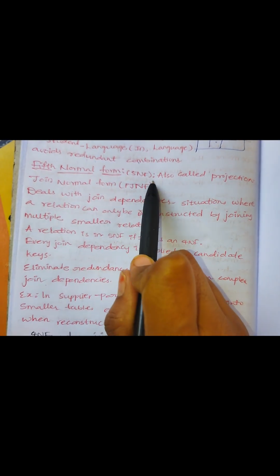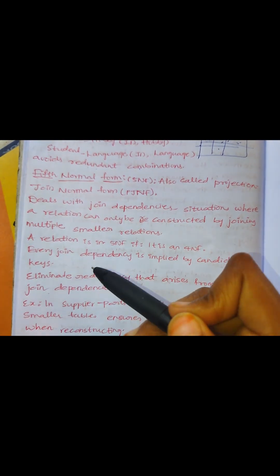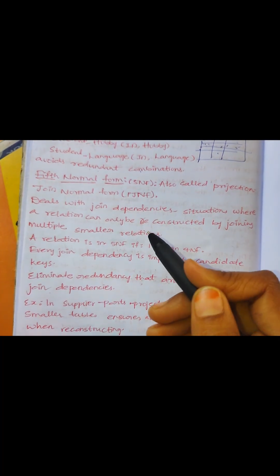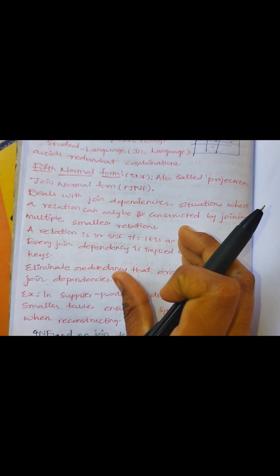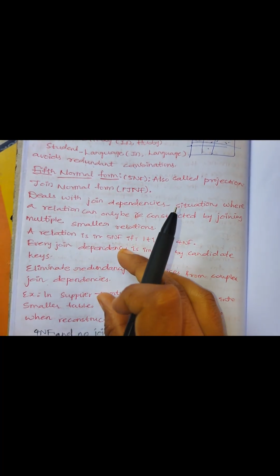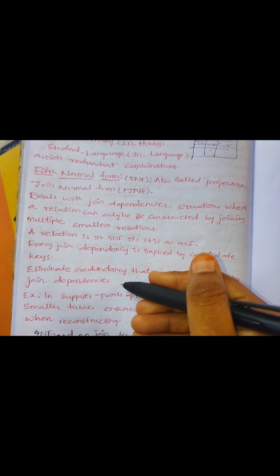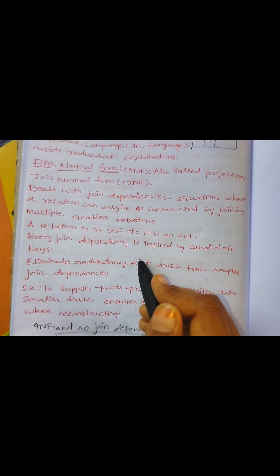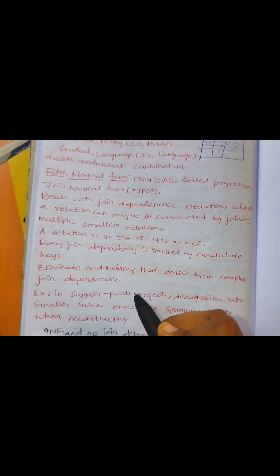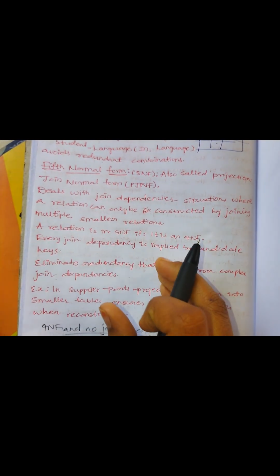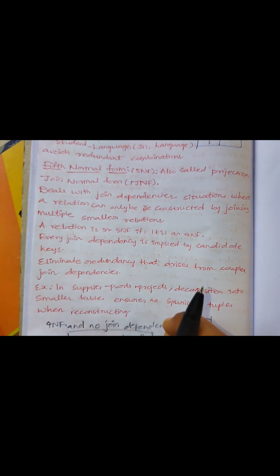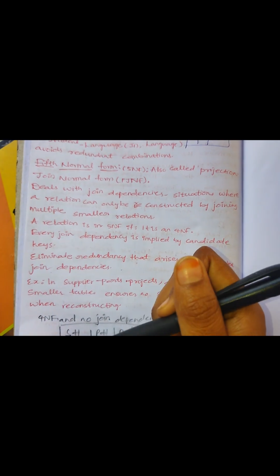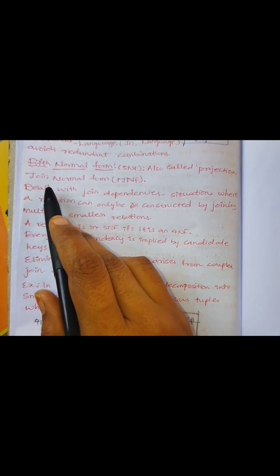Or they will ask what is normal form, what are the types, means you need to write what is normal form, what is the purpose of normal form and how many types are present, and write first normal form, second normal form, third, fourth, fifth, PJNF. These types in a sequential, step by step way. Writing points, you will get good marks.